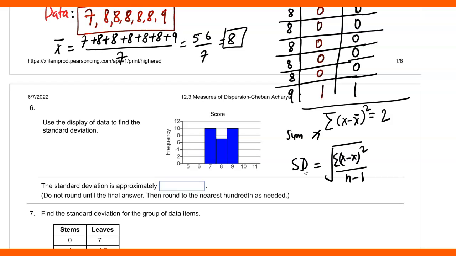Notice that this is what goes on the top, inside the square root: the sum of the squared deviations, which is going to be 2, divided by n minus 1, which is 7 minus 1. So the square root of 2 divided by 6. Anybody do the math and tell me what you get? The square root of 2 divided by 6.